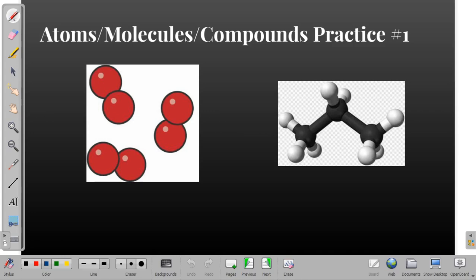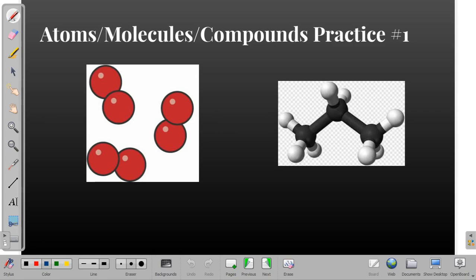Next one right here. This is propane. So the stuff that comes out of the gas jets in the back is propane. Knowing what you know, how many different elements are in that picture? 2. 2 elements, fantastic, because they're color coded. The black one's carbon, and the white ones are hydrogen.